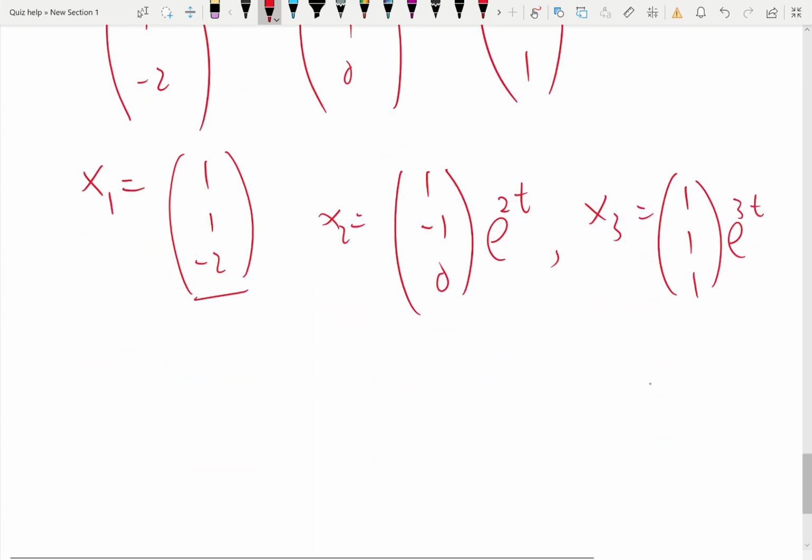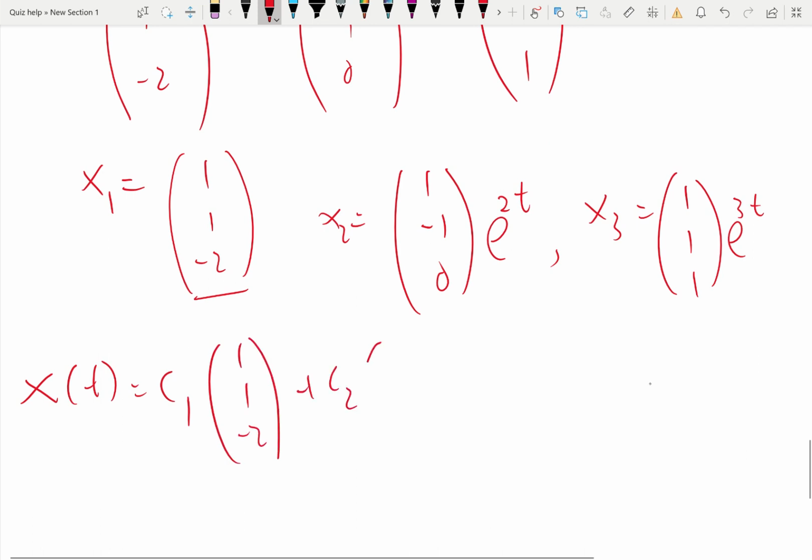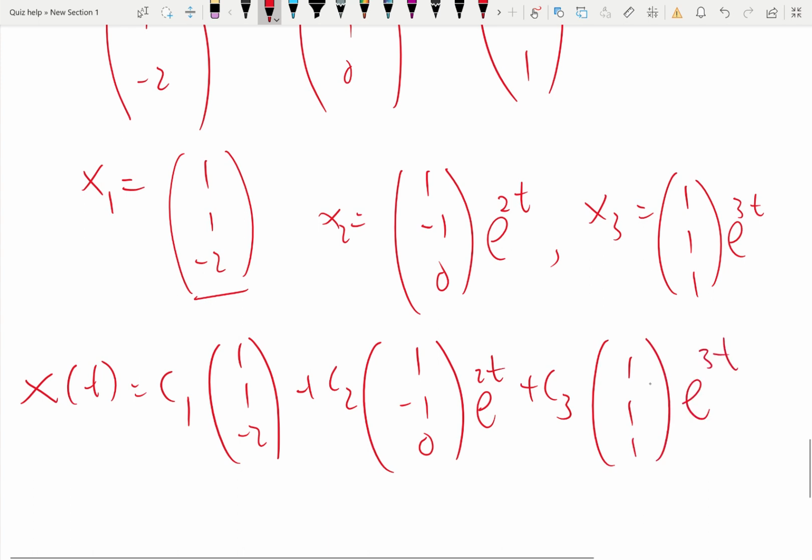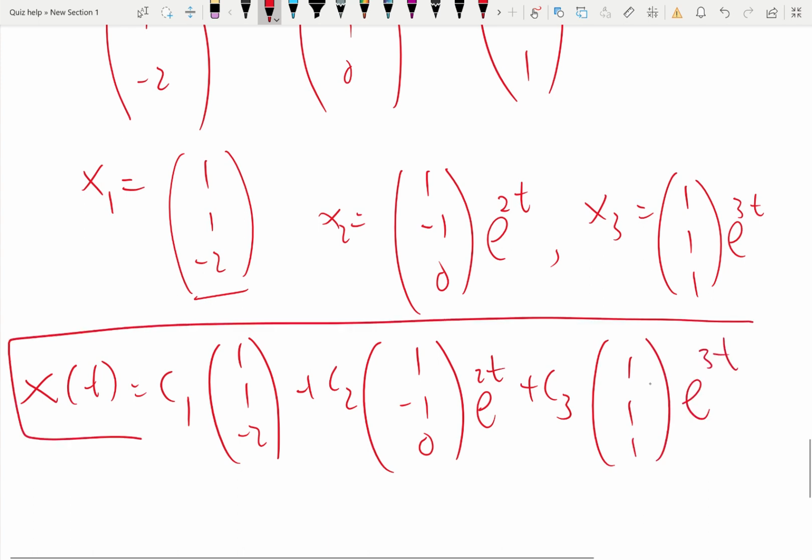So we can write the final solution as x(t) equals c1 times 1, 1, negative 2, plus c2 times 1, negative 1, 0 e to the 2t, plus c3 times 1, 1, 1 e to the 3t, where c1, c2 and c3 are arbitrary constants. So this is the general solution.